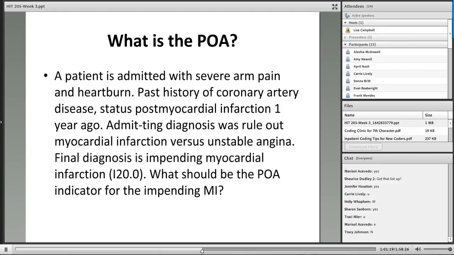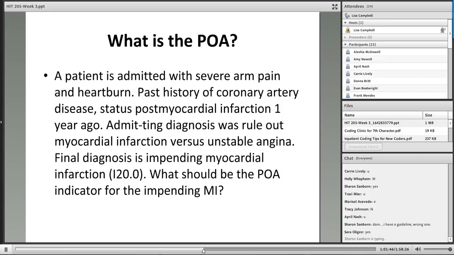Well, there's a guideline. Conditions documented as impending or threatened at the time of discharge. If the final diagnosis contains an impending or threatened diagnosis, and this diagnosis is based on symptoms or clinical findings that were present on admission, we assign yes.